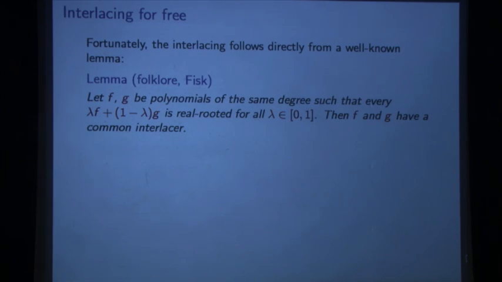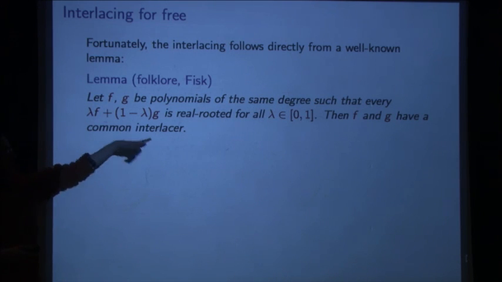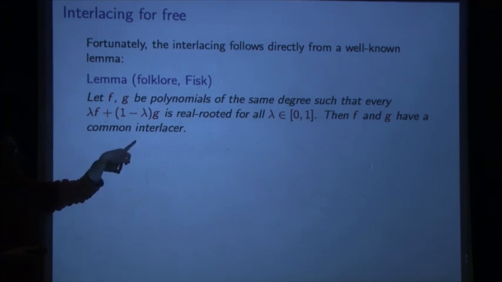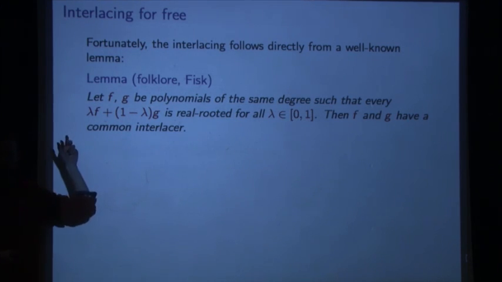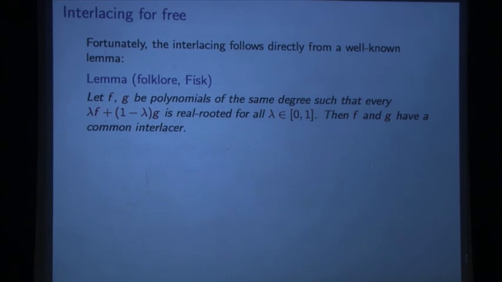So for the interlacing, we can essentially get the interlacing for free in our situation, because there's this lemma, which is folklore, but we found it in Fisk, which says if f and g are polynomials of the same degree, such that every convex combination is real rooted, then f and g have a common interlacer. So that's sort of the converse of what you were asking, right? Yeah. The common interlacer is somehow more than you need, right?